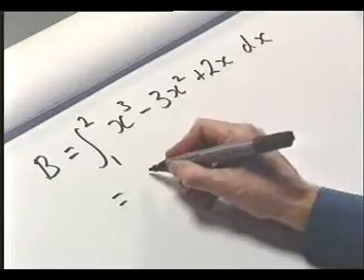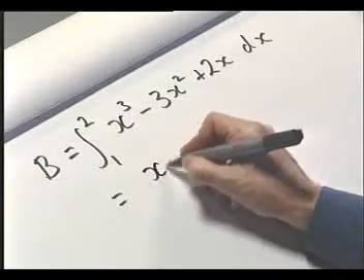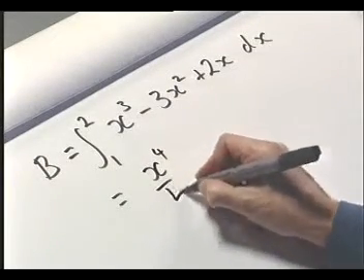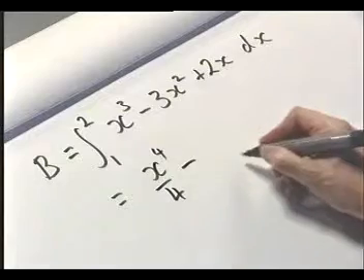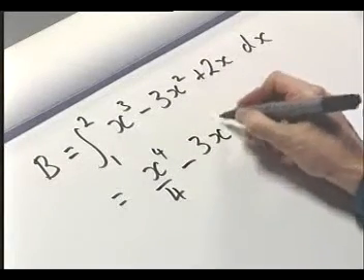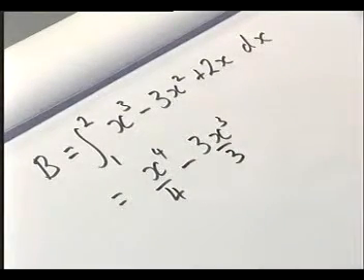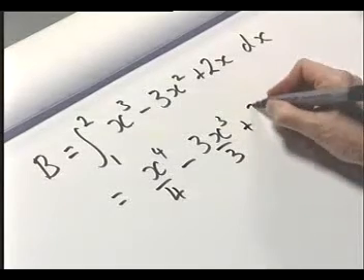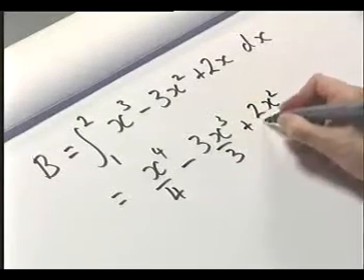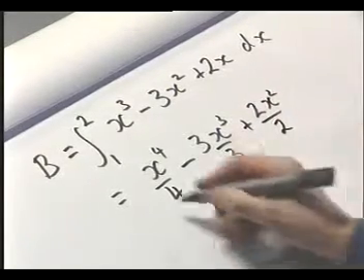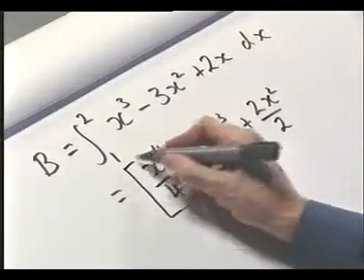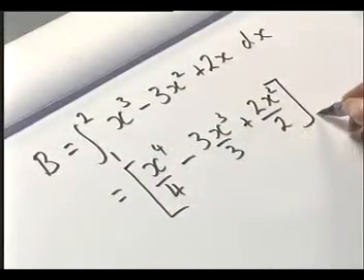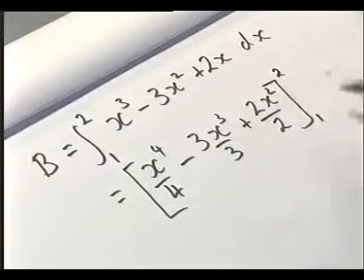So if we integrate the x cubed, we have x to the 4th over 4 minus 3x cubed over 3 plus 2x squared over 2, and this is to be evaluated at the limits 1 and 2.